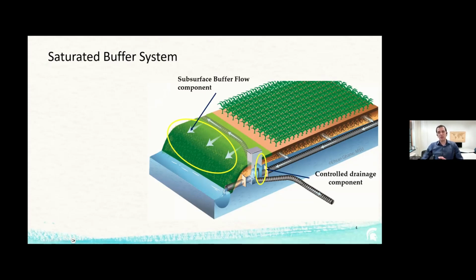From there, water slowly seeps through the buffer soil in a subsurface flow component, and it slowly finds its way to the ditch or moves out through ET. Eventually, through denitrification, nitrate concentration goes down. That's where the water quality benefit comes from.